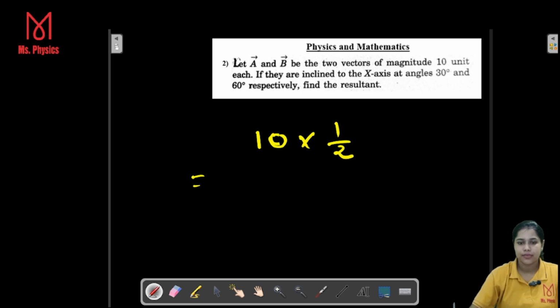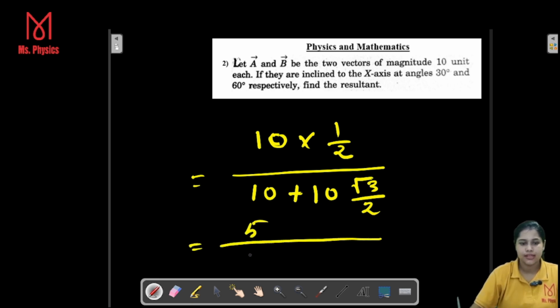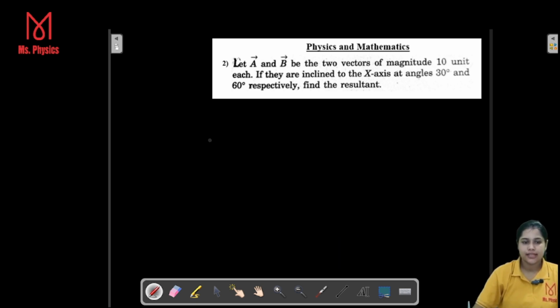So multiplied with half, over 10 plus 10 cos 30, which means root 3 by 2. So it is equal to 5 over 10 plus 5 root 3. If you do the calculation, you will get the answer as 15 degree.